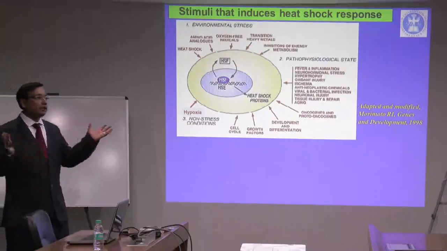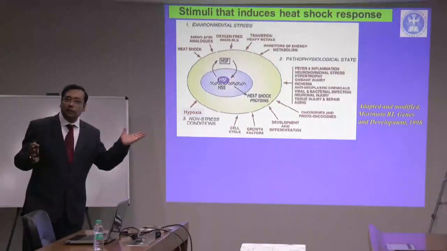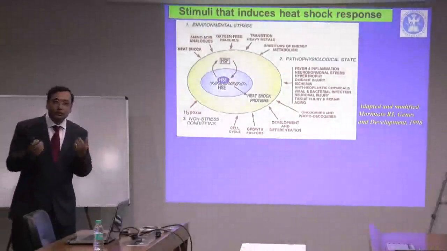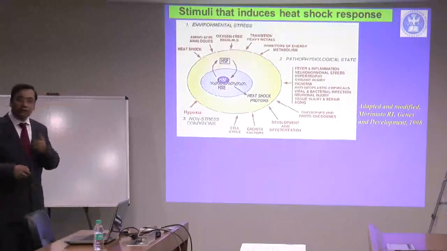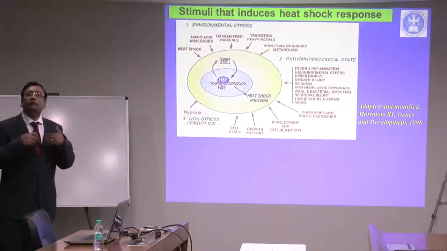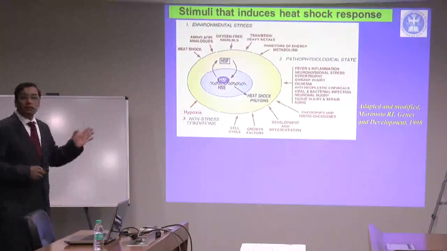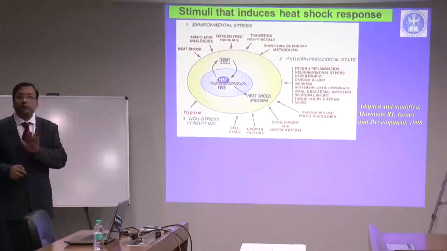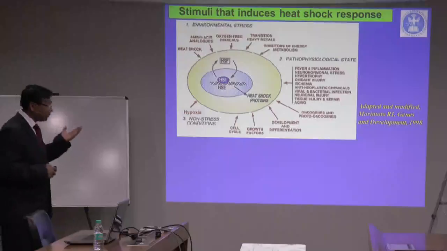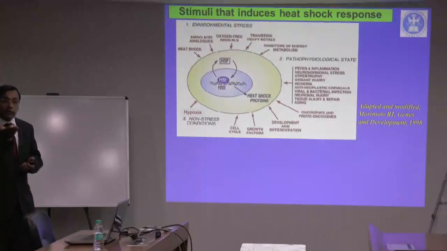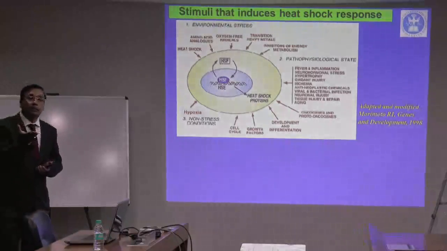Suppose we are going out in this summer season of Delhi. We need something to cool off, or at least an umbrella, otherwise we cannot survive. Likewise in our body, if there is any adverse situation, these are the line of defense which combat the adverse condition by upregulating the heat shock proteins or molecular chaperones.